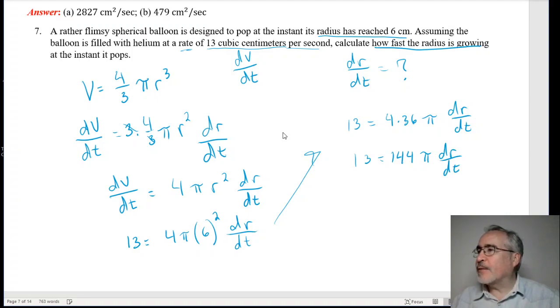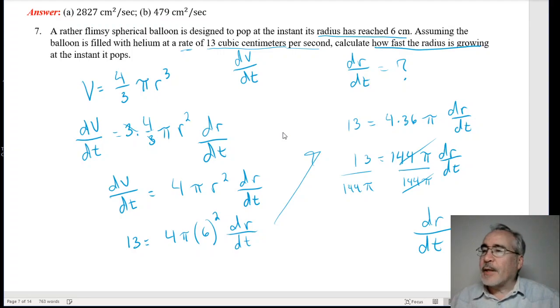So divide both sides by 144 pi. So it gives us dr dt equals 13 divided by 144 pi.